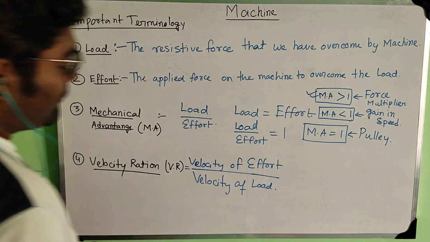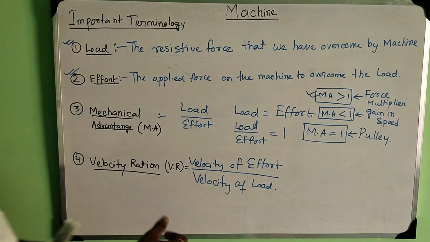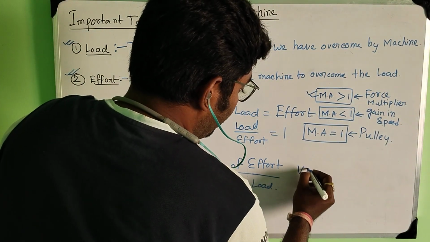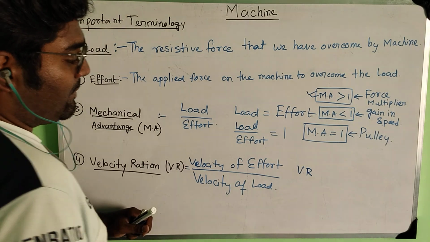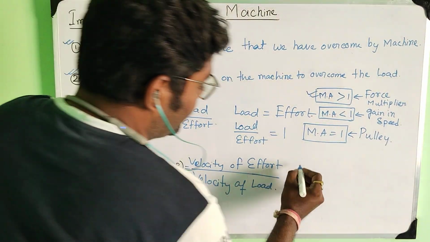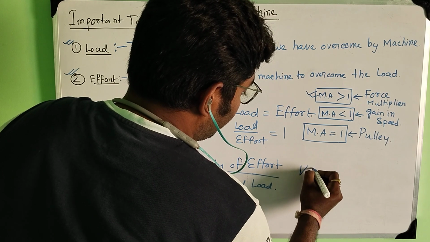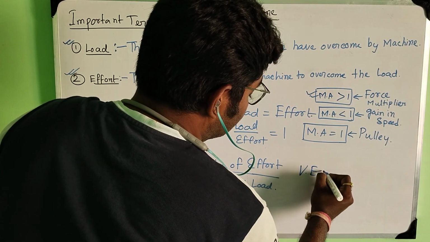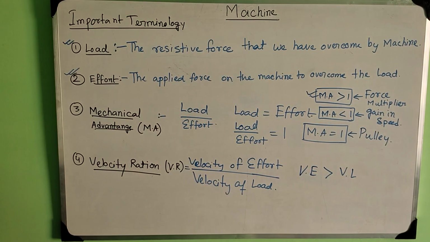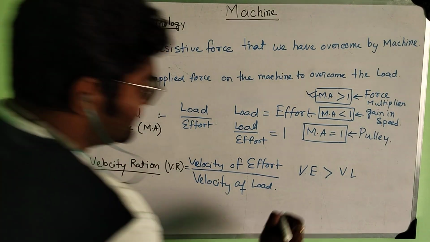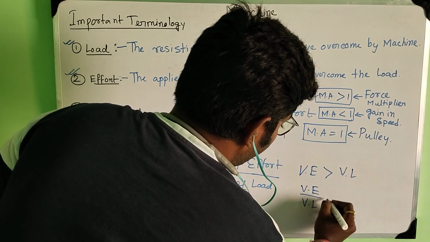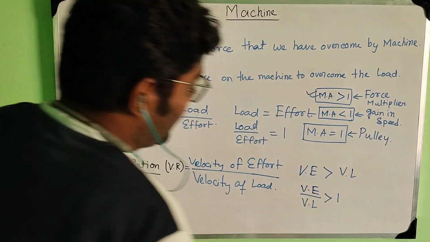Now we will see this velocity of the effort by velocity of the load. If the velocity of the effort is greater than the velocity of the load, that means the velocity of the effort by velocity of the load is greater than 1.